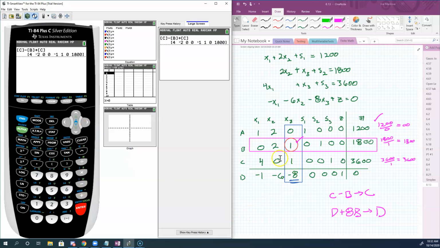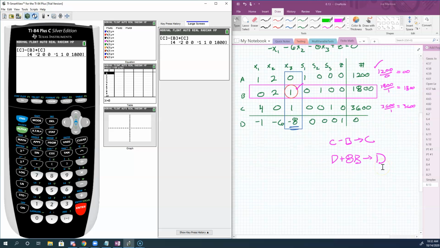I'm going to figure out that my new row C, after I did this operation, would look like 4, -2, 0, 0, -1. So I could write that down, right? So I can take my row A, that one's unchanged. I can write my row B down. It's also unchanged because it's the pivot row.